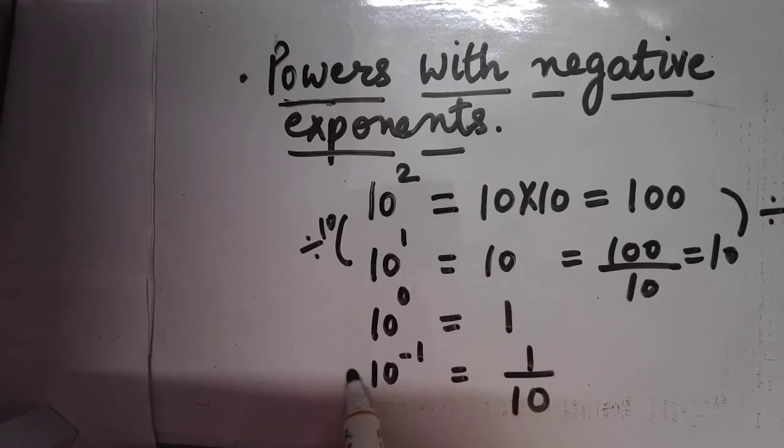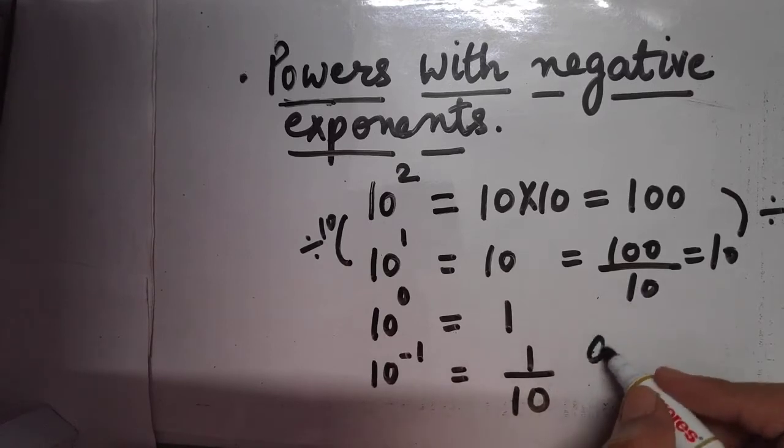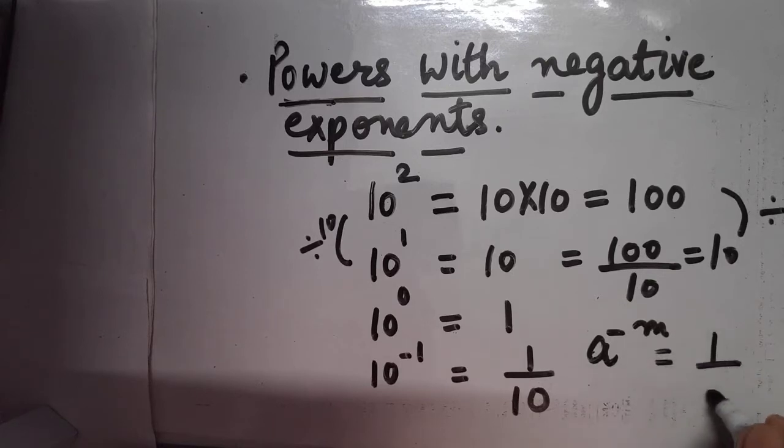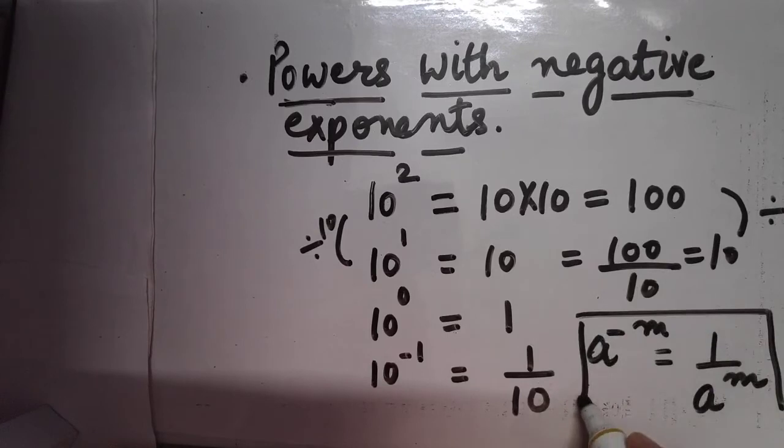So dear children, we have concluded that a raised to the power minus m, in general form, I can write as a raised to the power minus m is equal to 1 over a raised to the power m. So it means whenever I need to make the exponent positive, I need to take the reciprocal of the base, and the exponent, as it was negative earlier, will be positive now.